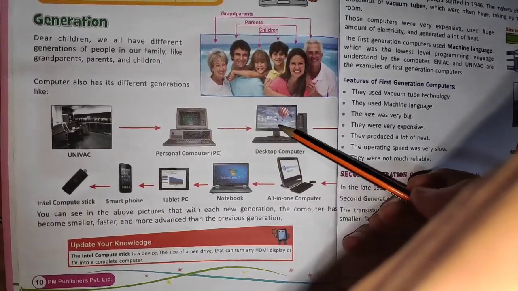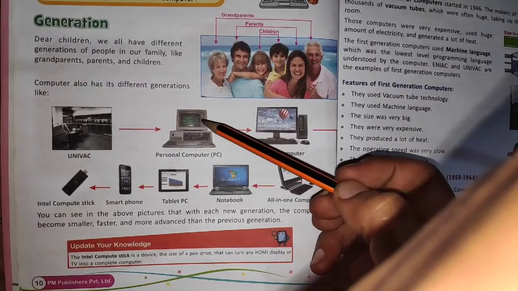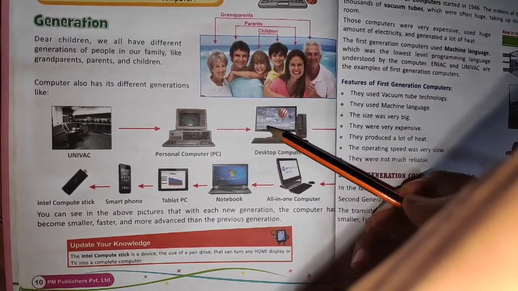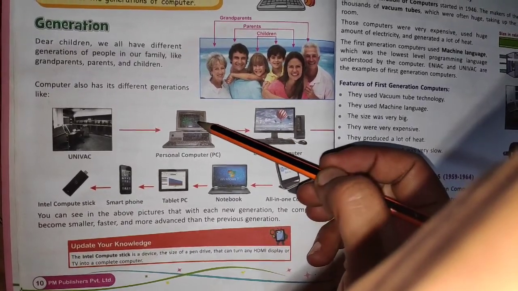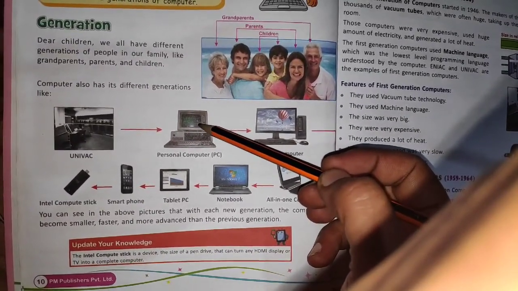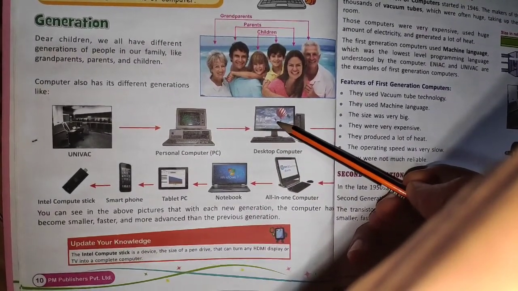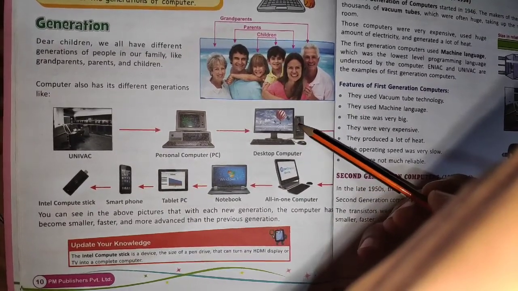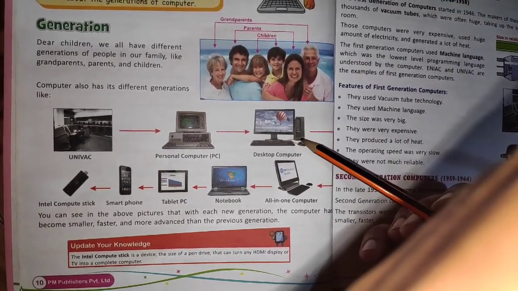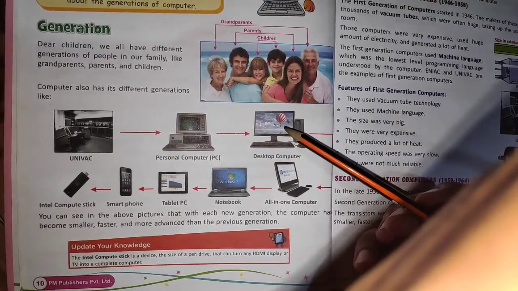Next we have the desktop computer, and here you can see that we are using a TFT or LCD screen in place of the monitor, and here the monitor is of black and white color, but nowadays we are using color screens. Here is the keyboard, here is the CPU, and here is the mouse. So little advancements are there in each generation.